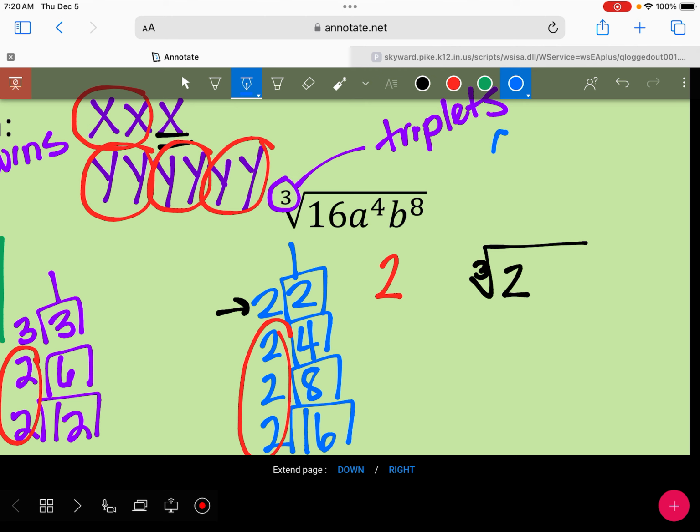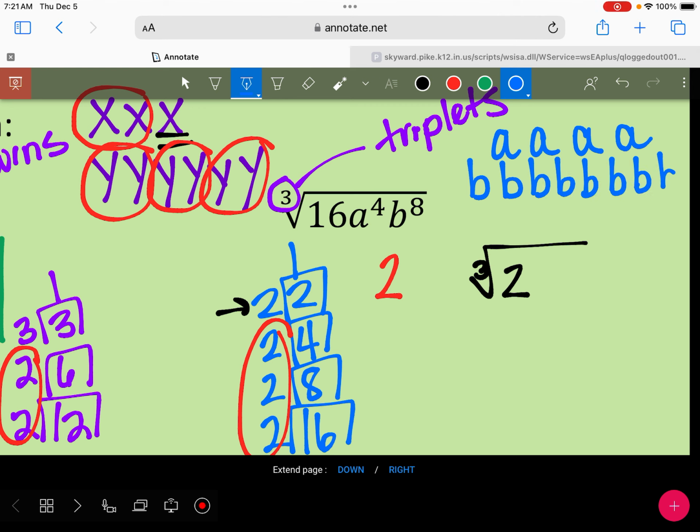Now let's go ahead and write out A. 1, 2, 3, 4, and then I have 8 B's. Go ahead and circle your triplets. So we have 1 set of triplet A's that gets to come out.